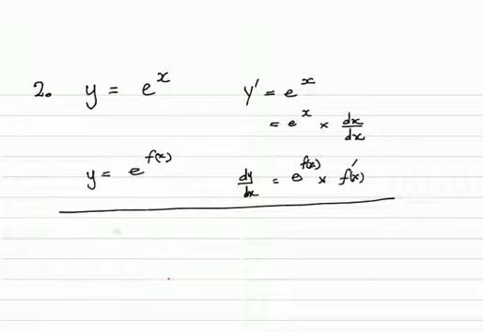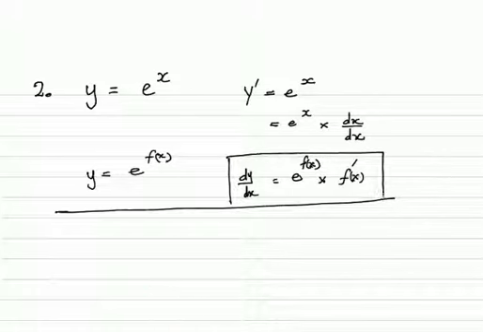Now, how are we going to use that? Once we know this form of the derivative of an exponential function, then we can proceed to an exponential function of any base. Let's say we have a to the power of f of x.